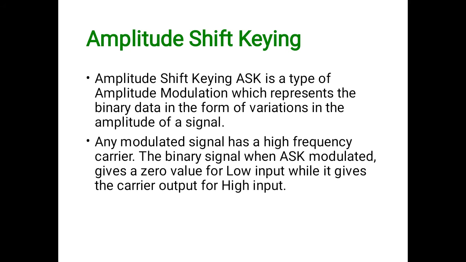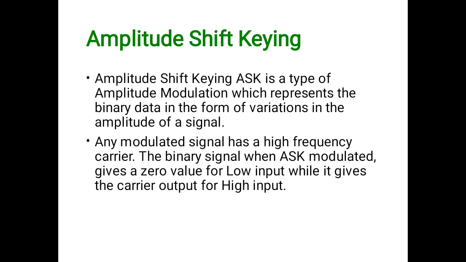I can tell you simply, binary data contains only 2 bits, either 1 or 0. Now if you are carrying binary data 0, the amplitude will be nil. If you are carrying binary data 1, amplitude will be high. This is the process of ASK.